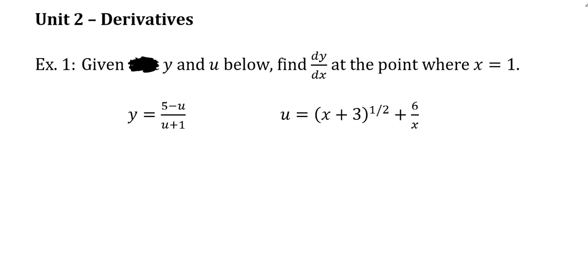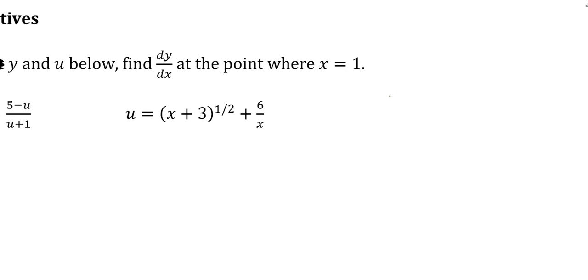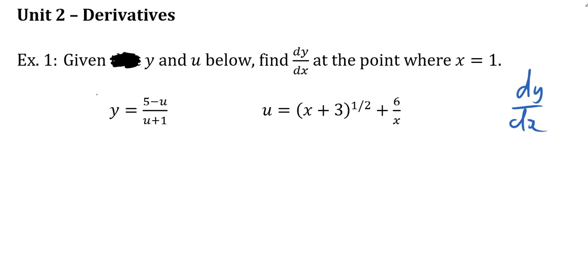So we have this beautiful notation, Leibniz's notation, that allows me to do this. dy by dx. So if I take the derivative of the first one with respect to u, I'm going to get dy by du. And if I take the derivative of u with respect to x, I'm going to get du by dx.